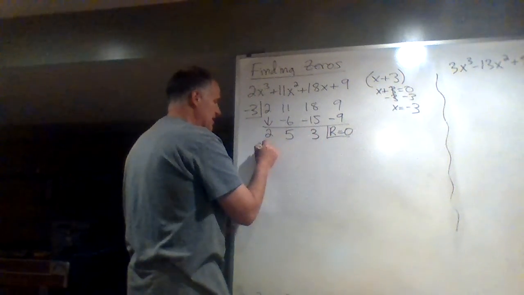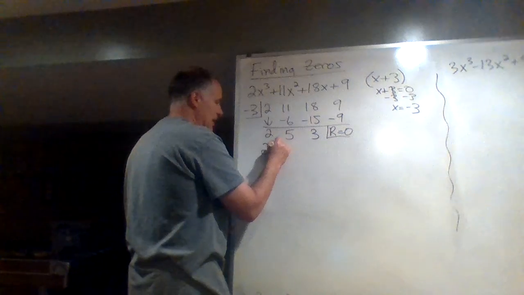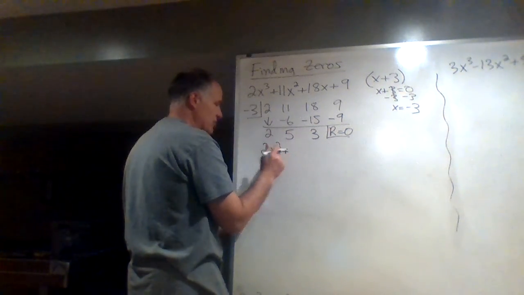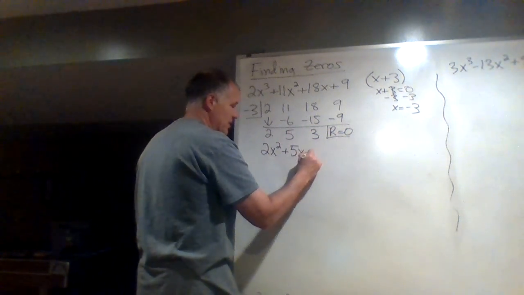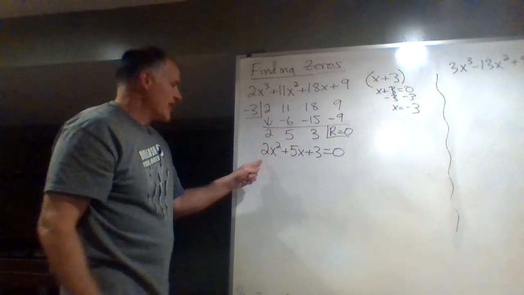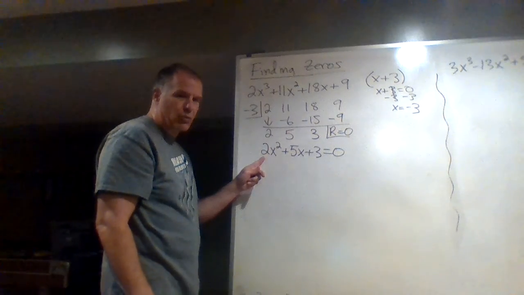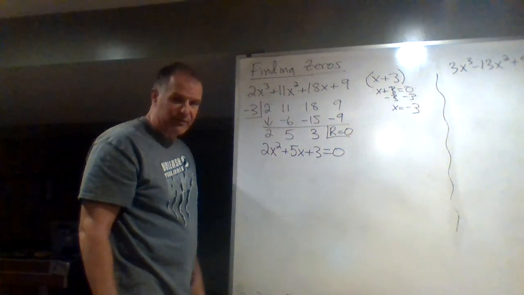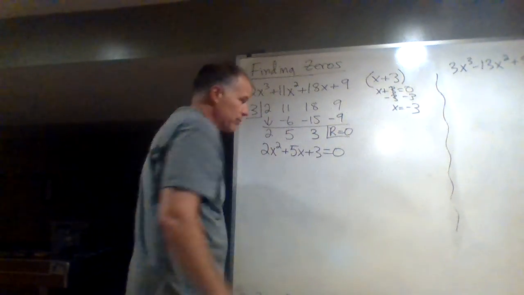Okay, remember, guys, these three numbers go back into the polynomial. So 2 goes with x squared, 5 goes with x, and then 3 is by itself. So, guys, remember, when we had a number in front of x squared, we could not do the 2 parentheses. There was no way to do the 2 parentheses here.